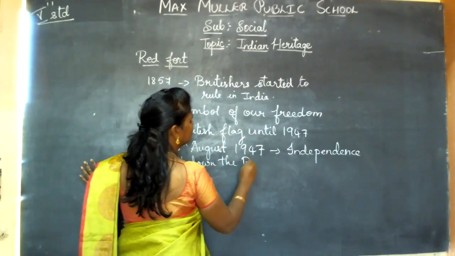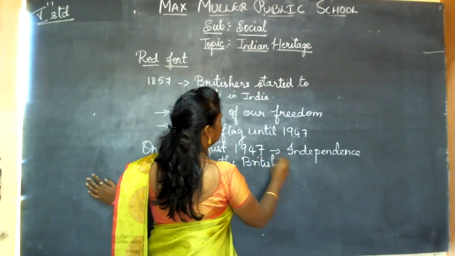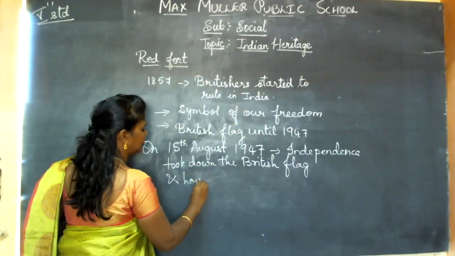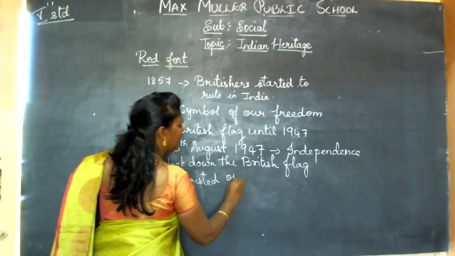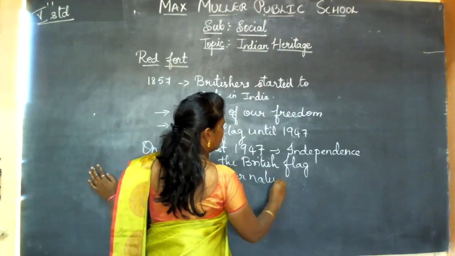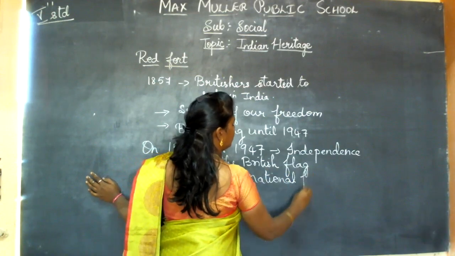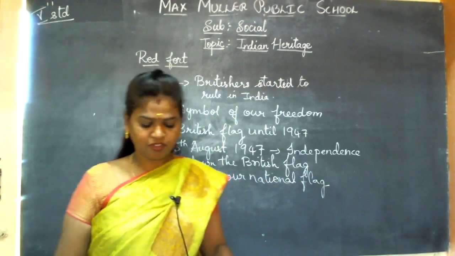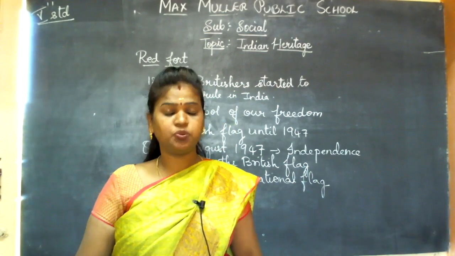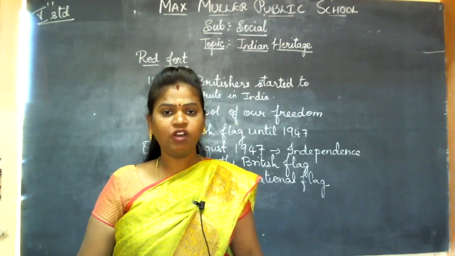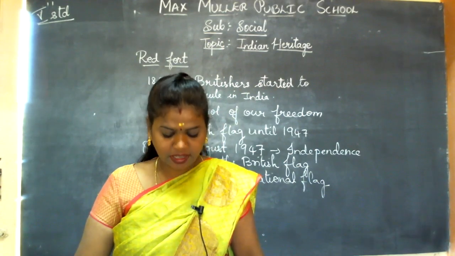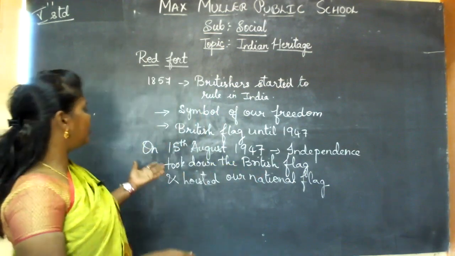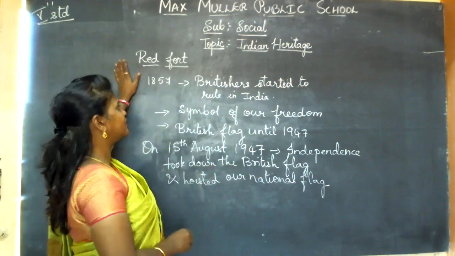They took down the British flag and hoisted our national flag. So in the year 1947, the British flag was brought down and the Indian flag was hoisted. That is why the national flag was hoisted on Red Fort.